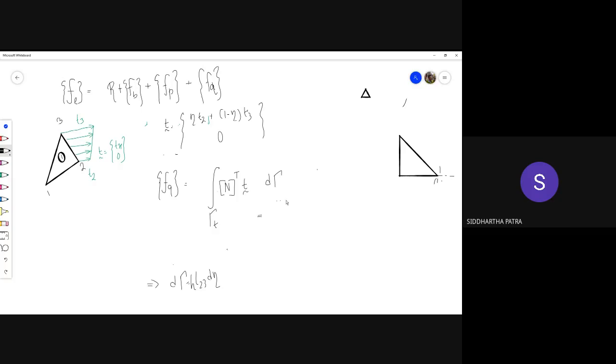Now if I integrate this traction over here, that becomes N transpose t, that is this vector over here, times d gamma, which is h, you can take it outside of the integration, L23 times d eta.